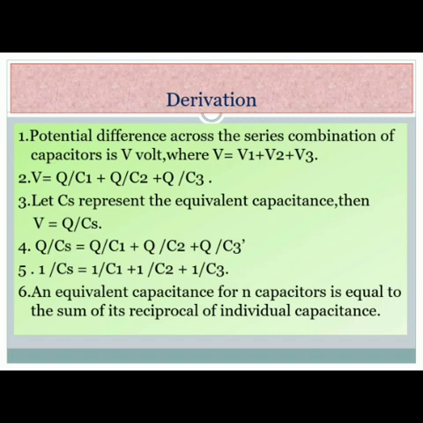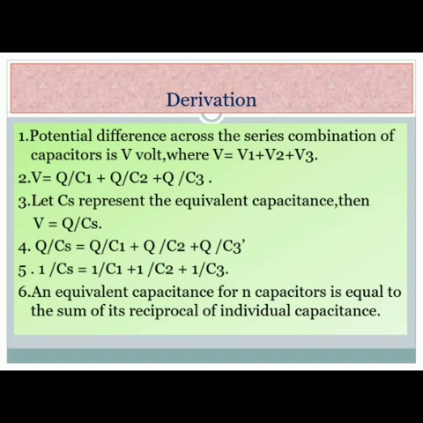If I just substitute these values in the upper equation, that is V is equal to V1 plus V2 plus V3, I would get V written as Q divided by Cs, that is the capacitance in series, which is equivalent to Q divided by C1 plus Q divided by C2 plus Q divided by C3.